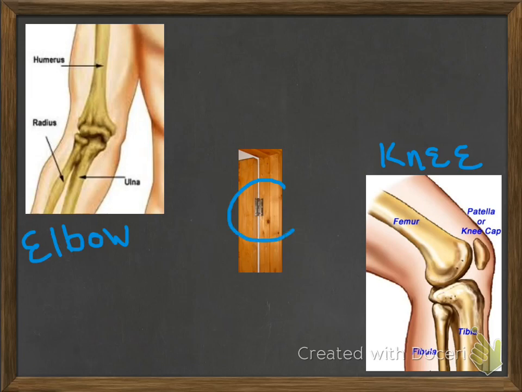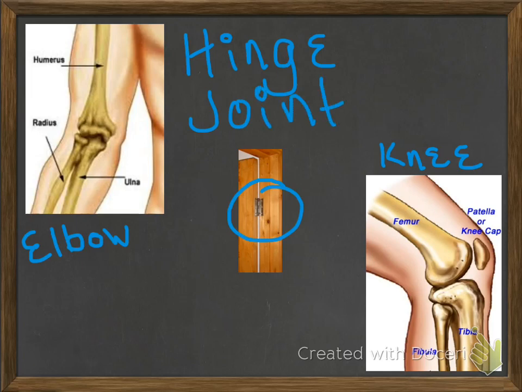Over here, what you can see is a door hinge. The reason why I've put this on here is really important because the elbow and the knee are both hinge joints. If you think about the elbow and the knee, they can only create two movements.